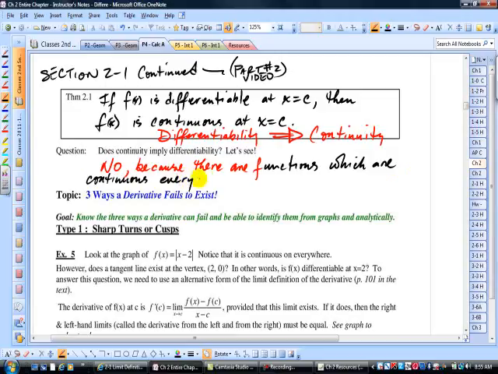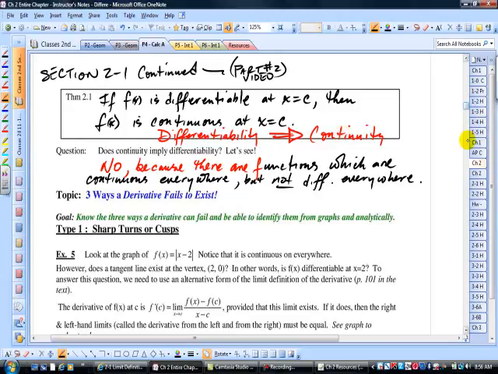I'm going to show you a few here in the lesson. Just because it's continuous doesn't mean it's differentiable. However, Theorem 2.1 states that if it's differentiable at a specific location, call it x equals c, then it's continuous at that point. So differentiability implies continuity, but not the other way around.